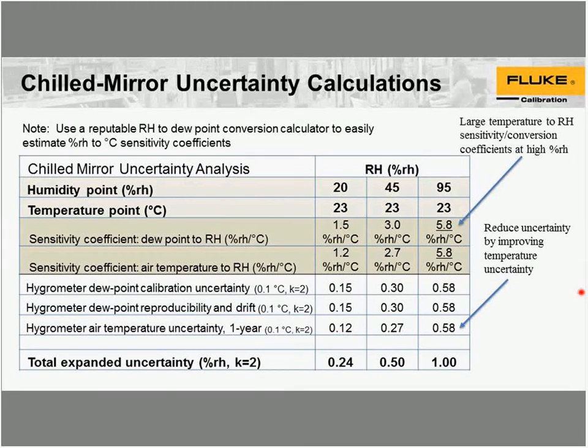This is a good point that is being made here. Why do most manufacturers define humidity accuracies only at 25 degrees C? That's why we put this in when talking about traceability. Oftentimes a lot of instruments are specified for humidity at one temperature, or they are only calibrated at one temperature.